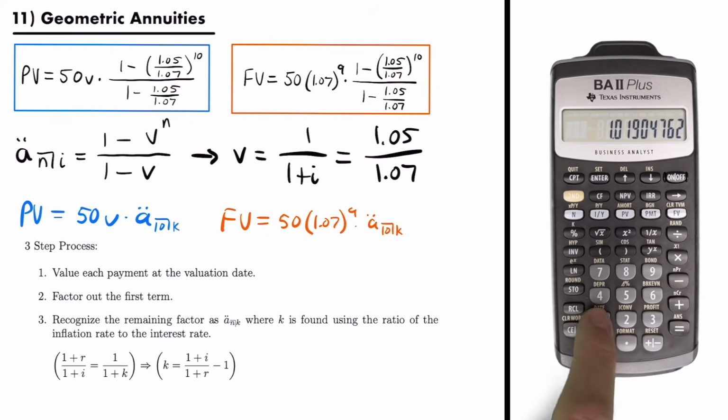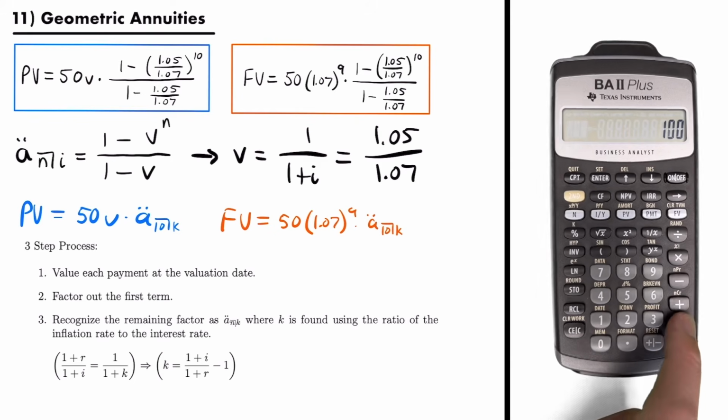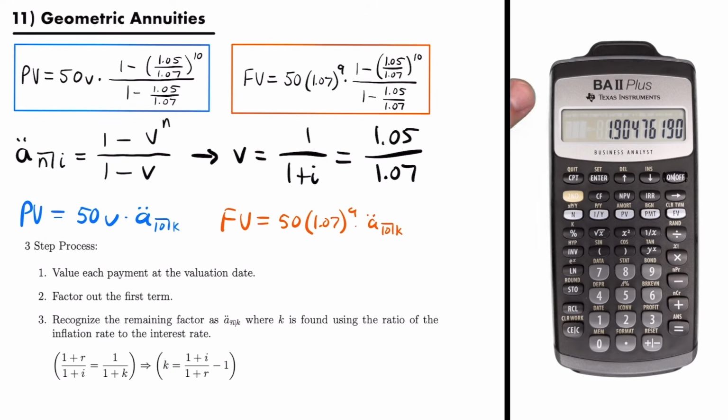And then if we subtract 1 and hit equals, that is our value of K. Now we're going to use that as our interest rate for our annuity due calculation. However, this is in decimal form. It's not in the percentage form that we need to use in our calculator. So if you multiply that decimal by 100 and hit equals, we now have a 1.9% interest rate that we will use for that annuity due calculation.